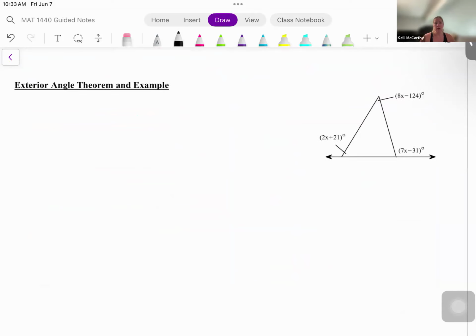We also have a theorem for the measure of an exterior angle of a triangle. So the measure of an exterior angle is equal to the sum of the two opposite interior angles.